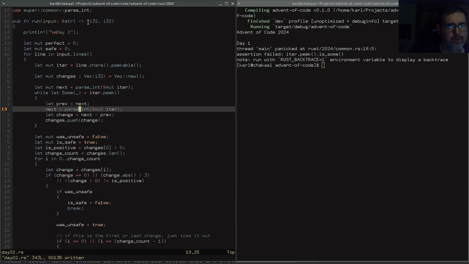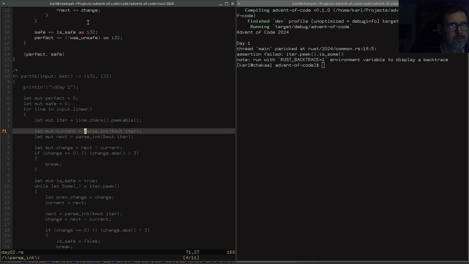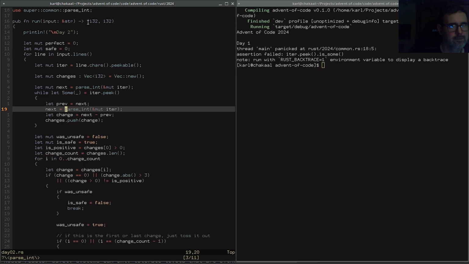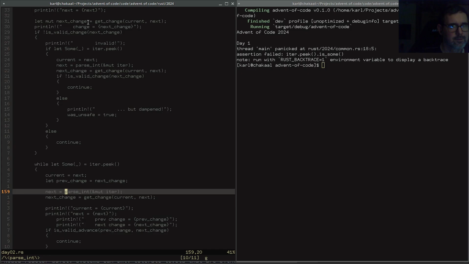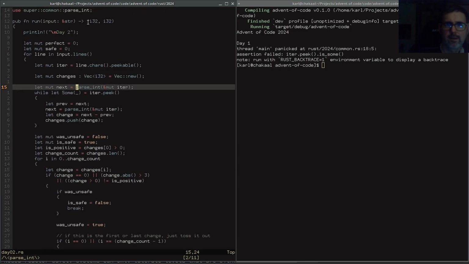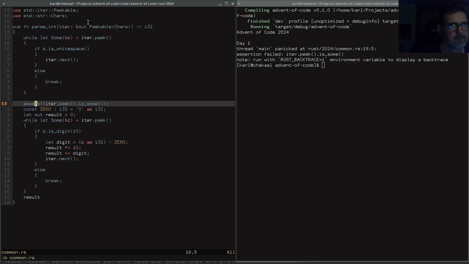So where are we calling parse int? That's a little bizarre that that's panicking. I wonder if that's because... what happens if we just take that out?